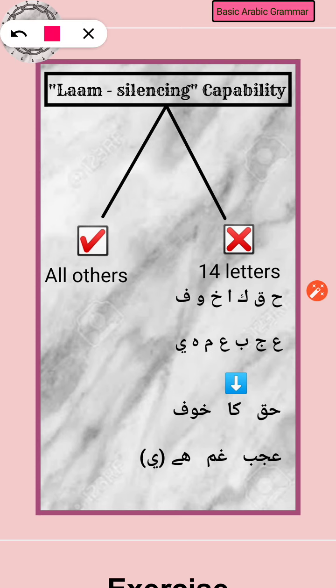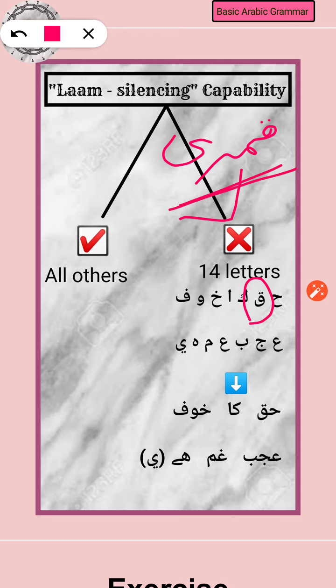All right, so just a couple of terminologies over here. These letters, the ones that do not make the lam of al silent, are called qamari letters. That's the norm in studying Arabic and Arabic books. These are the qamari letters, and that is because they have taken this qaf from here. So this group that does not possess this lam silencing capability is called the qamari group.